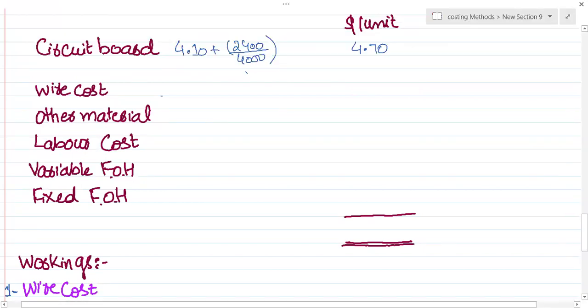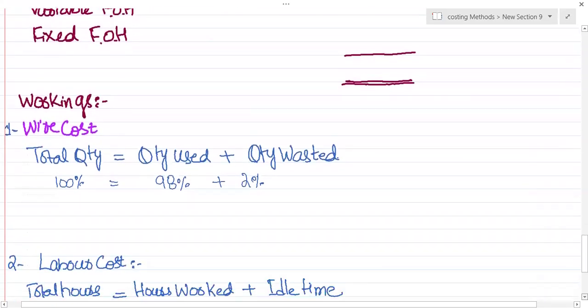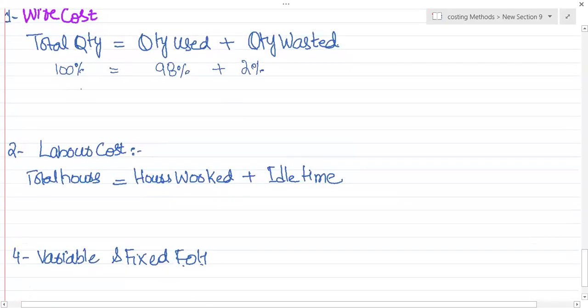So your total quantity is equal to 25 centimeter divided by 98%. I need 100%. So percentages cancel with the percentage and you will get 25.5 centimeter.